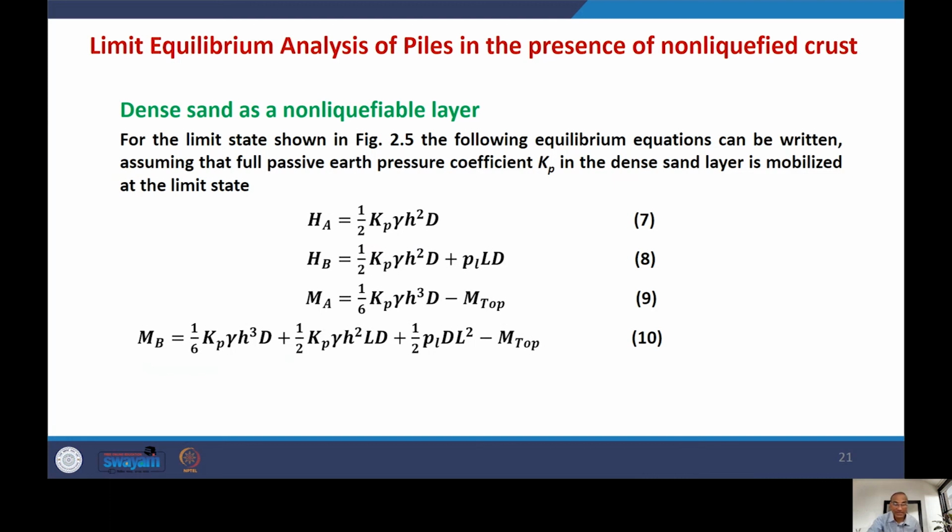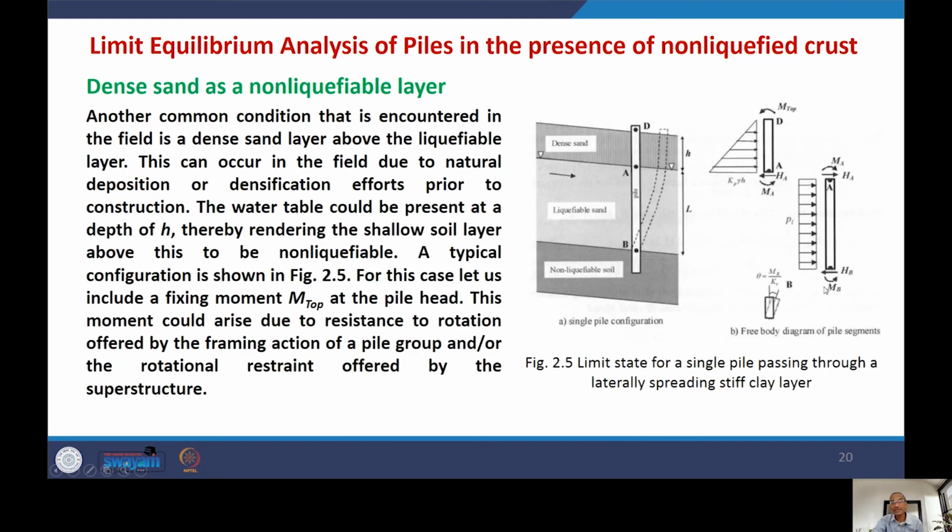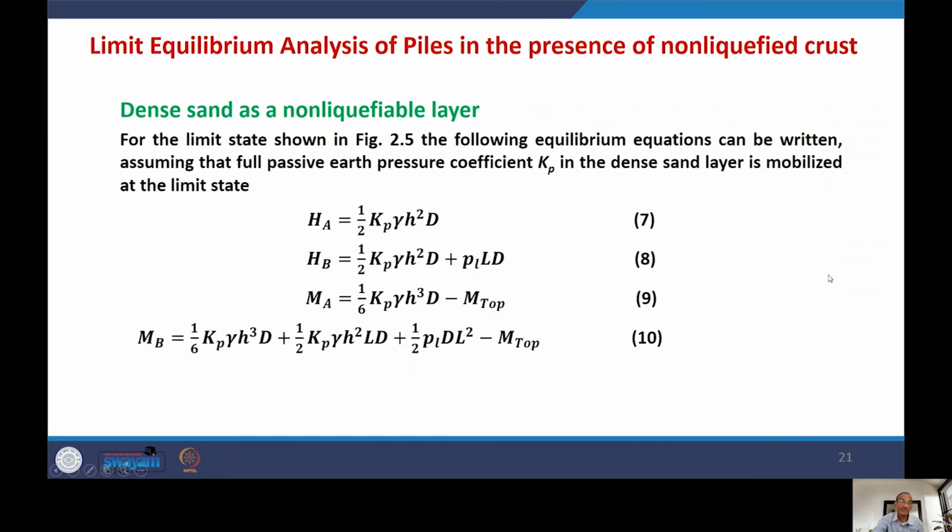So for the limit state, HA is half Kp gamma H squared D, and HB is the same thing, but with the addition of PL times LD, which is the contribution coming from PL, the pressure applied by the liquefiable soil. So you can see HA and HB in this figure, okay? HA is here, while HB is at the base, on the liquefiable side.